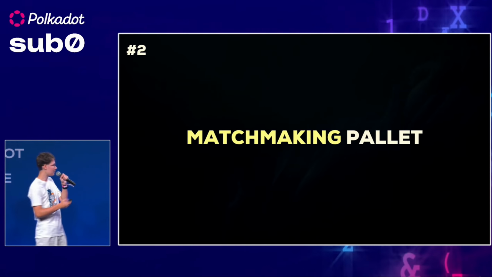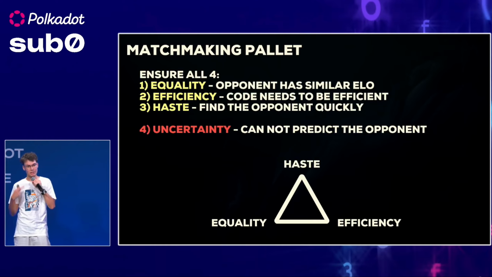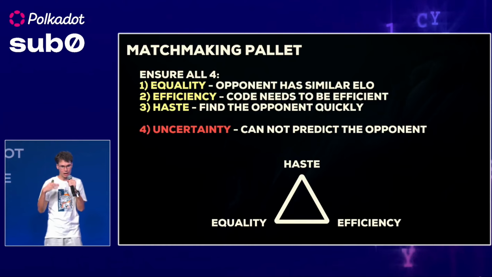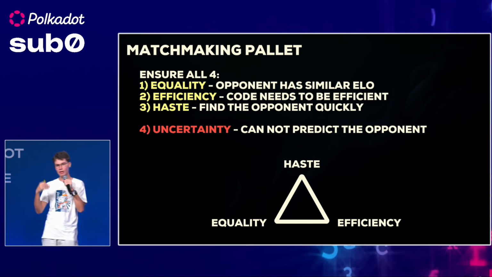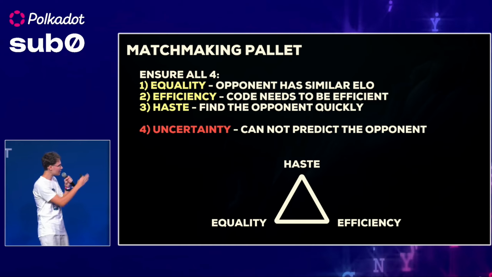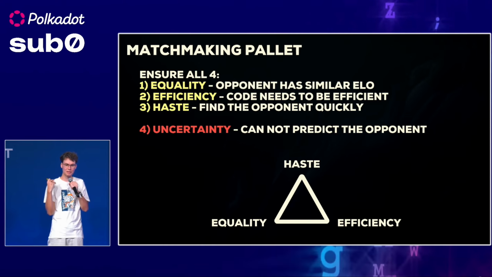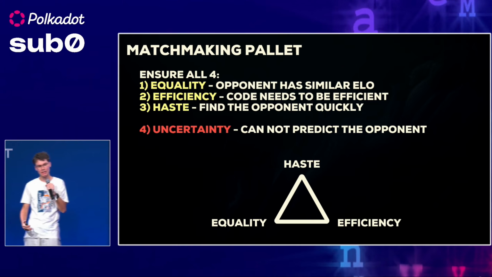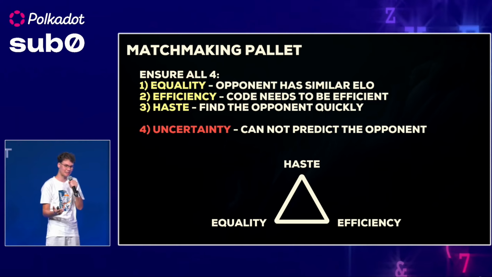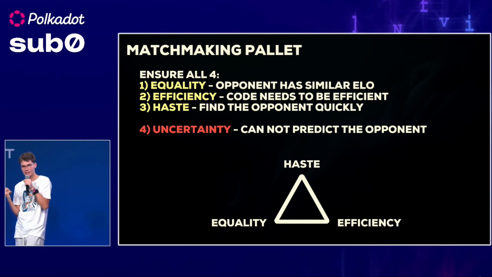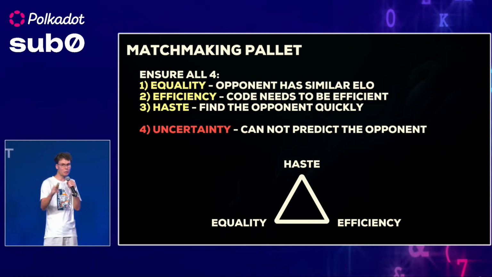Then I've made a matchmaking pallet. So with the matchmaking pallet, you would want to ensure these 4 things. So the equality: you want to play with an opponent with a very similar ELO, with a very similar skill at the game. Then the code obviously needs to be very efficient, and you want the game to be found very quickly.